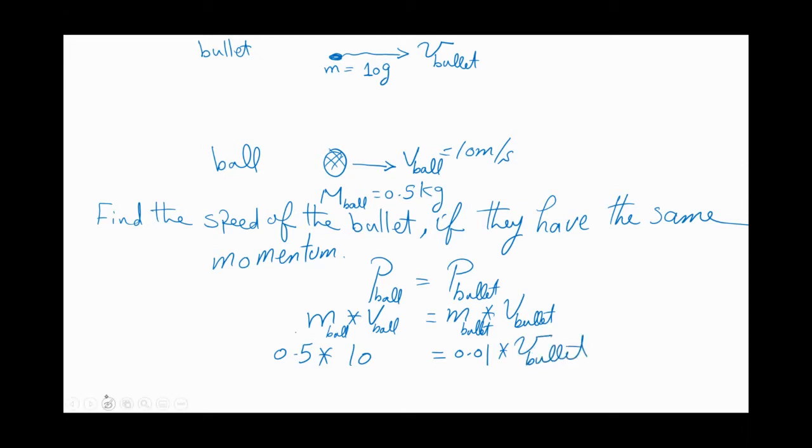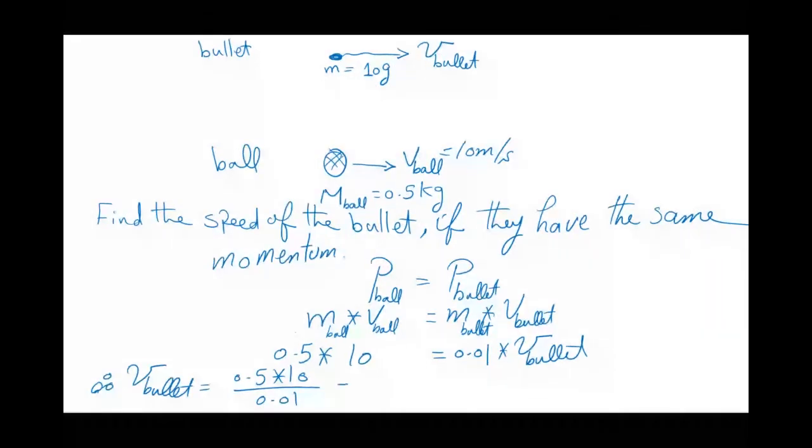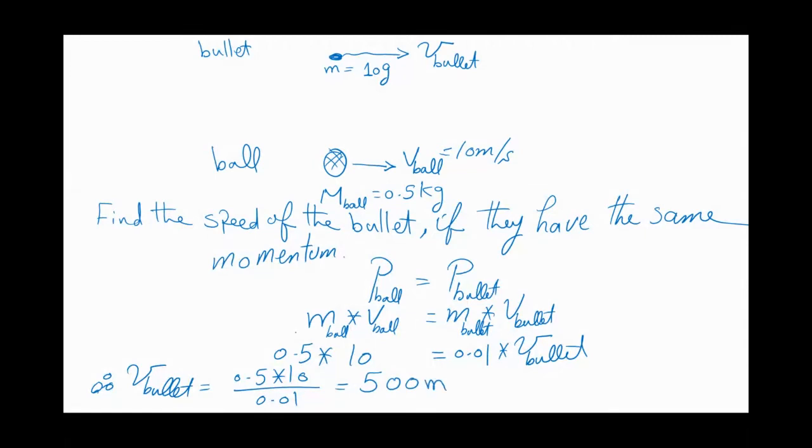So the speed of the bullet, easily, is 0.5 times 10 divided by 0.01. That gives you 500 meter per second.